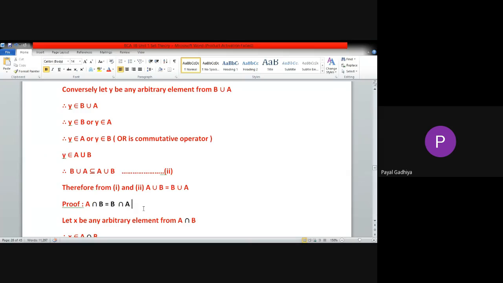Okay, Mansoor: X belongs to A intersection B, so X belongs to A and X belongs to B. That means X belongs to B and X belongs to A, and so X belongs to B intersection A. This is one way. The other way, you take Y belongs to B intersection A and start the converse part. Up to this you have done correct, Mansoor.